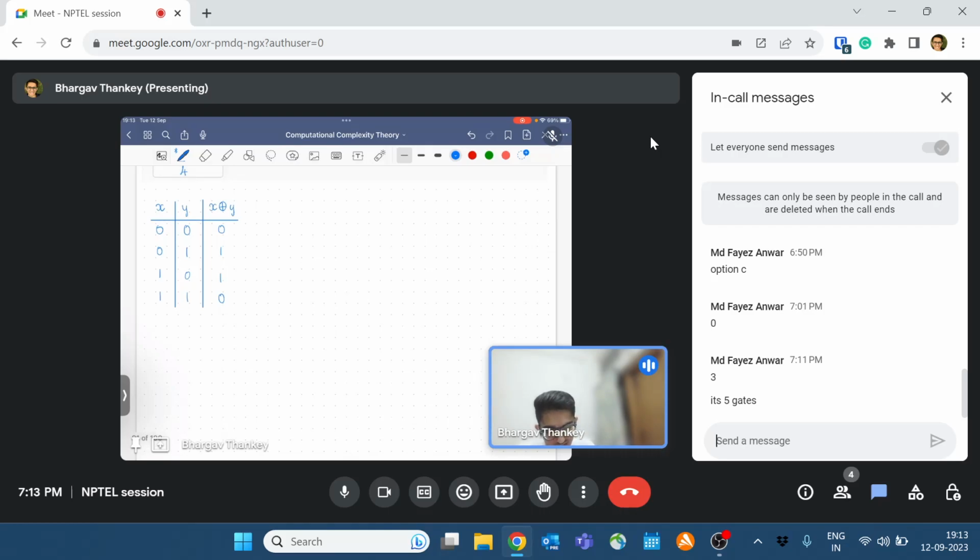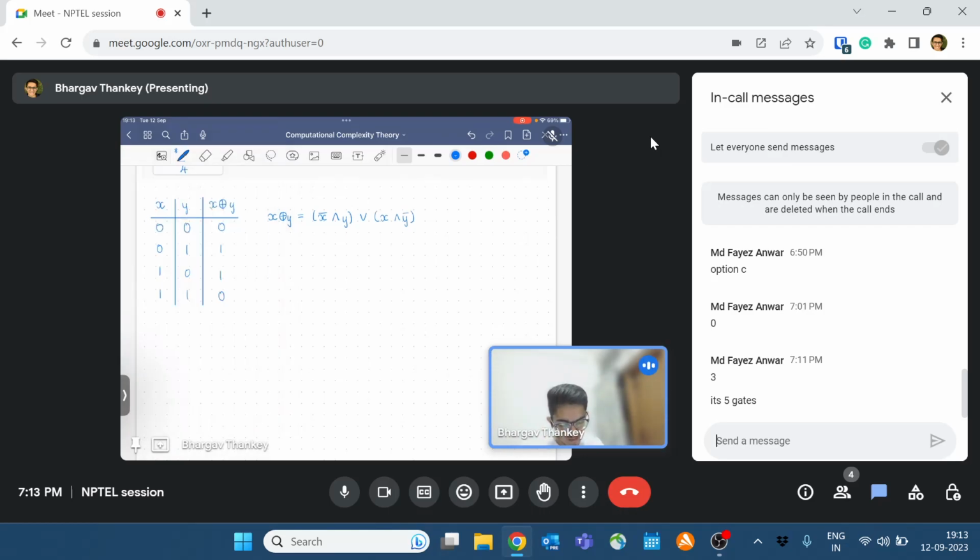So this is the truth table for XOR, and XOR of x, y is just not x and y, or x and not y, right? So we have this formula for XOR.